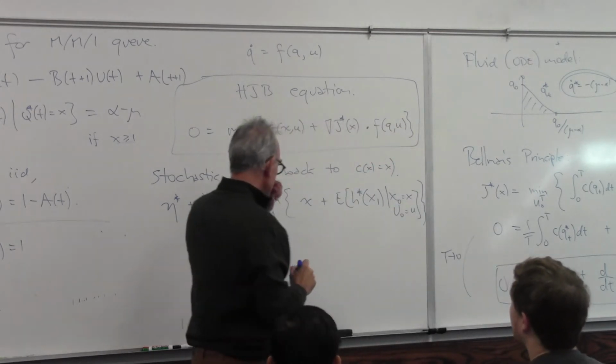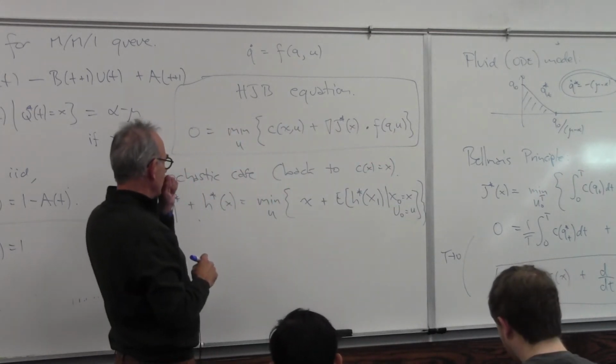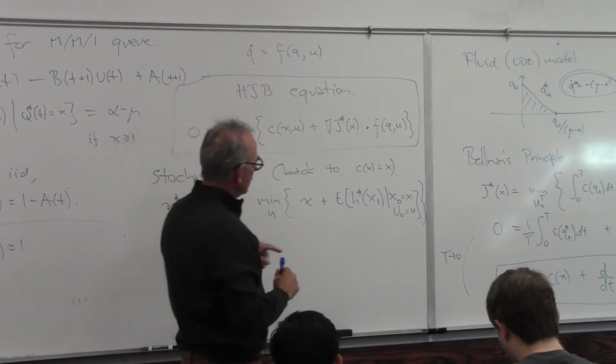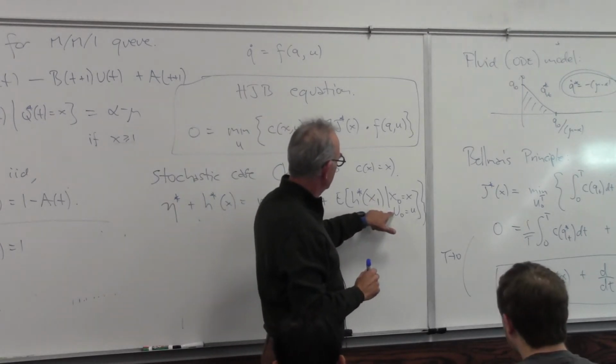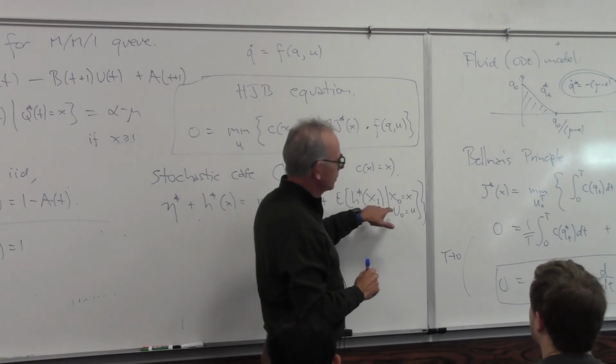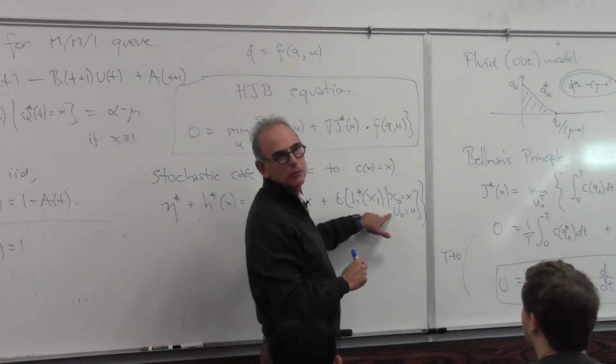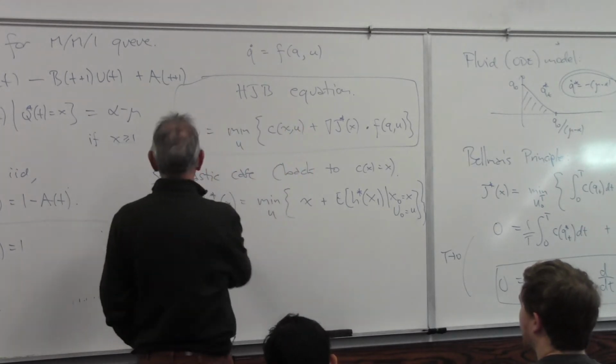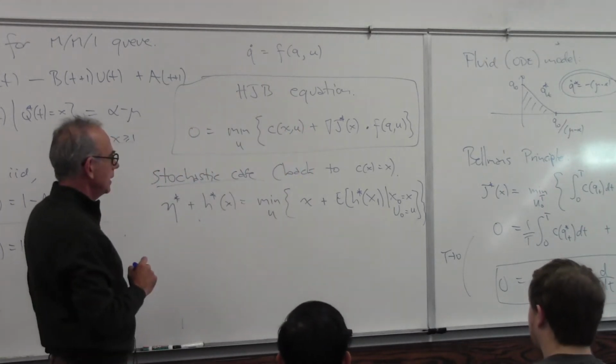Like that. Did I leave out the U before? I don't know. I have to go back to make sure I didn't leave out the U. I didn't, okay, cool. So that's the Bellman equation, the stochastic case.